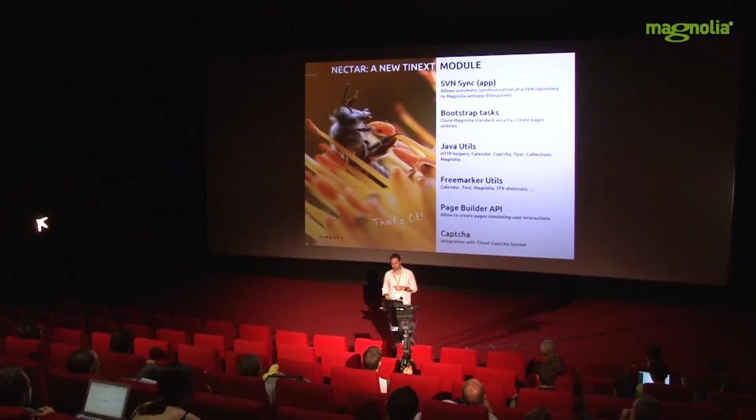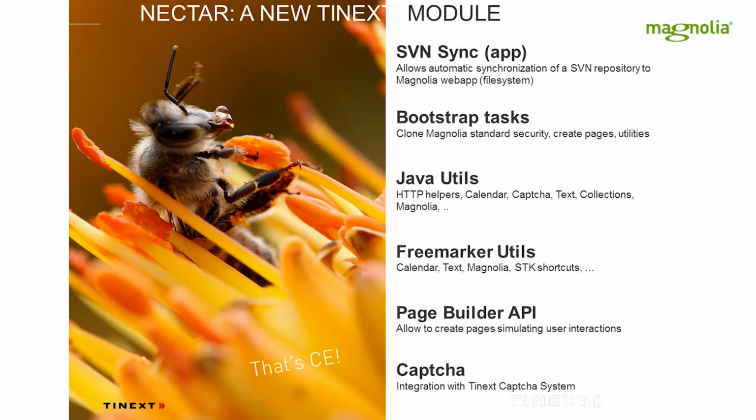Okay, so as a conclusion, an unexpected result of this project is a new module. We tried to put the development from Java, Freemarker, Magnolia configuration in a generic way. And at the end, we realized that we can reuse this kind of solutions, this kind of patterns, in other projects.